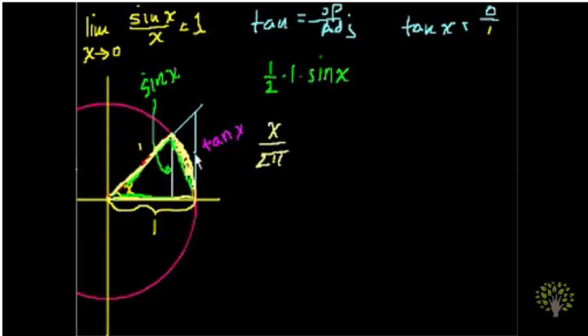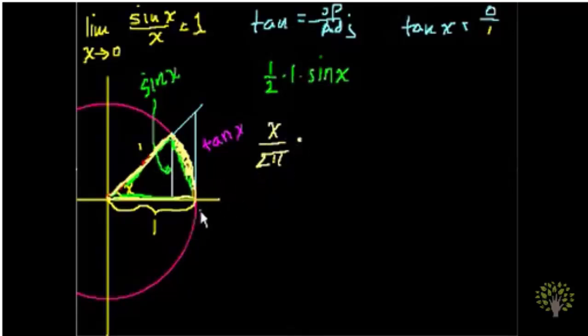That's the fraction, and then we want to multiply that times the area of the whole circle. Well, what's the area of the whole circle?